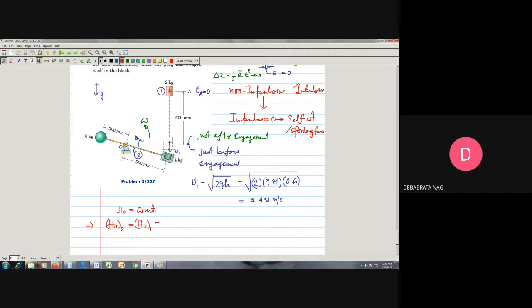The angular momentum before and after engagement will necessarily be equal.